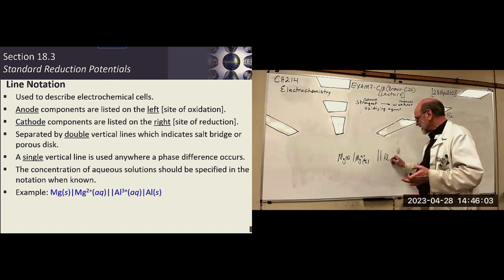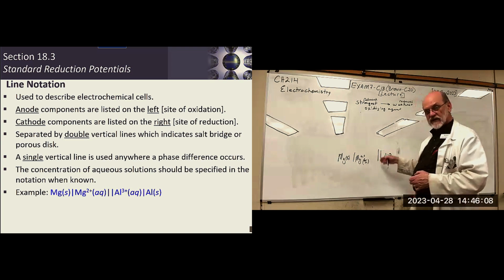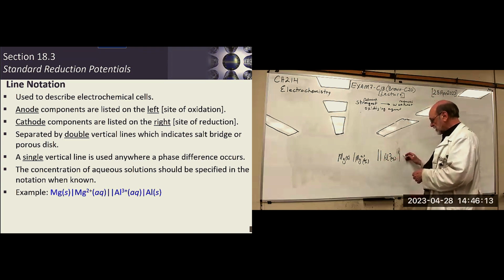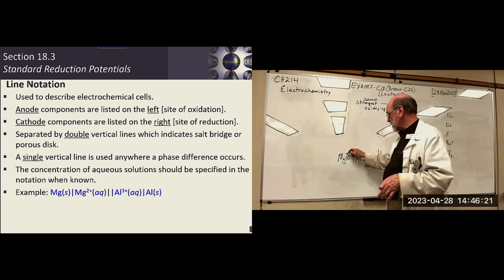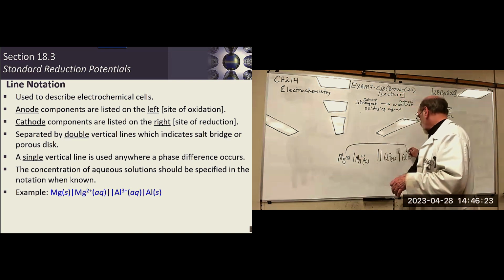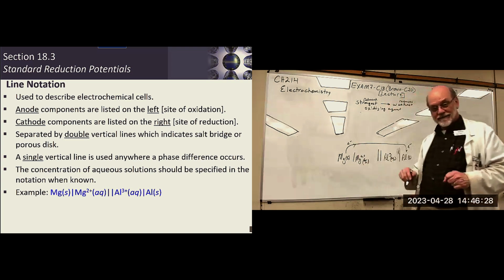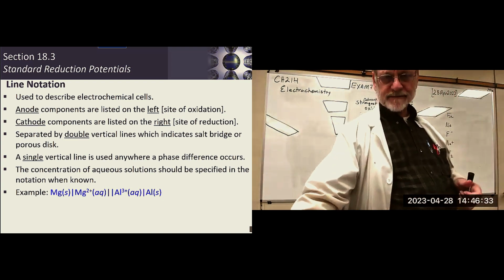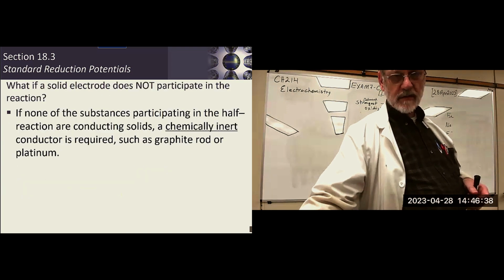So we need the solution here in proximity to that solution, separated by that double line. And then this is separated from the electrode, aluminum, in that solution. So the electrons are going to transfer from here to here. Okay? That's an example. There's your anode, there's your cathode.